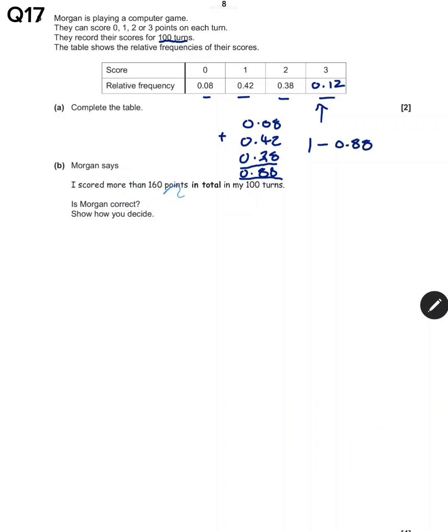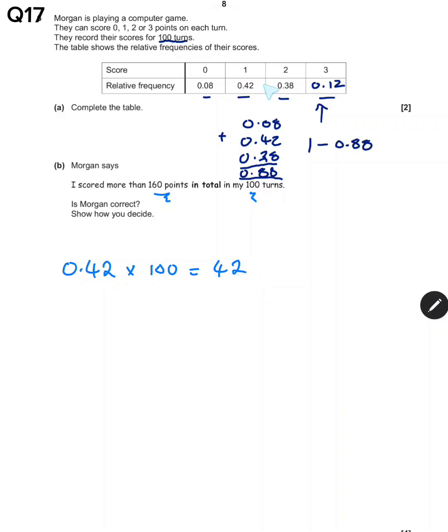My friend Morgan says I scored more than 160 points in the 100 turns. So what we've got in the table is basically how many times out of 100 they got 1 point, how many times out of 100 they got 2 points. If I take this 0.42 and multiply it by 100, what we get is simply 42.